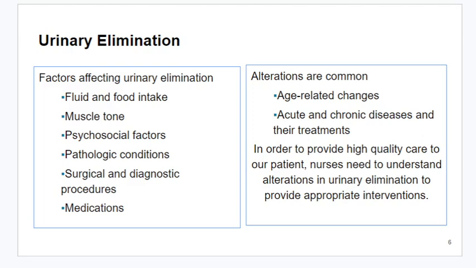And then we can have chronic or acute diseases that interfere with our ability to urinate. Automatically, when I think of chronic, I think of chronic kidney disease. Our kidneys aren't functioning properly, so they aren't able to make urine. That's something very concerning, of course. In order to provide high quality care to our patients, nurses need to understand the alterations in urinary elimination to provide adequate interventions.